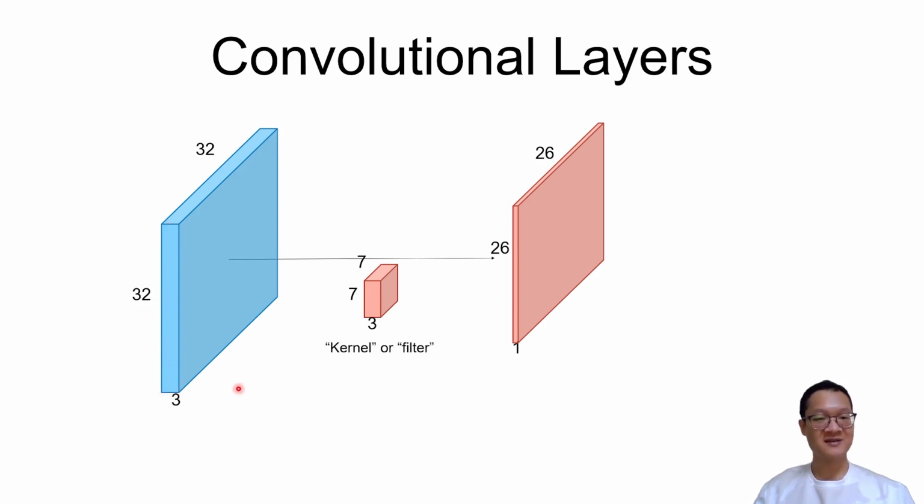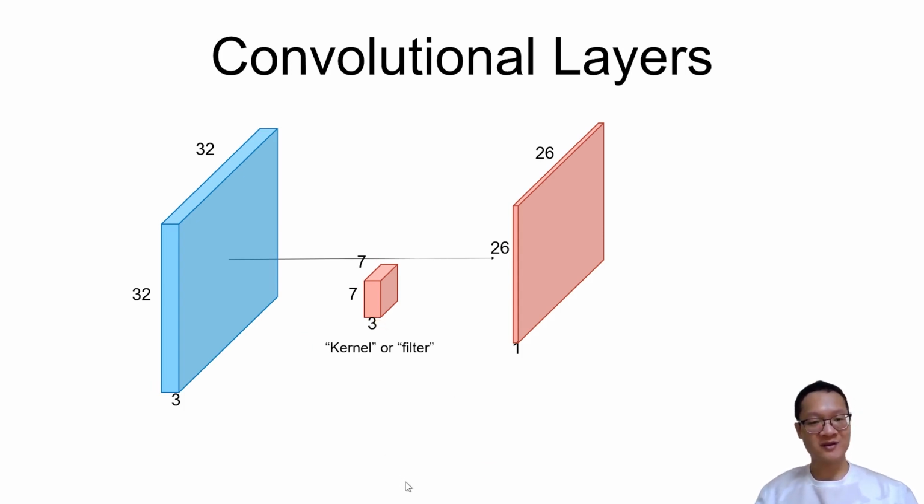And that's represented by this blue slab on the left. To kind of bring this input image to the next layer, we use filters or kernels. And the kernels are going to typically have a much smaller height and width, but the same depth. So here 7 by 7 in this case, but then the same depth. So 7 by 7 by 3 is our kernel or filter.